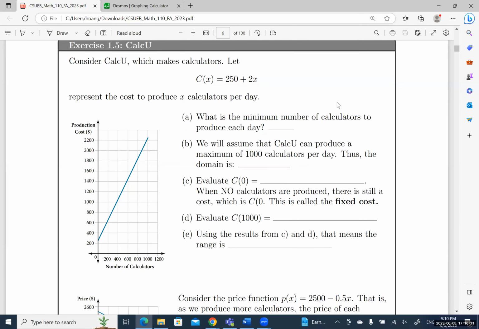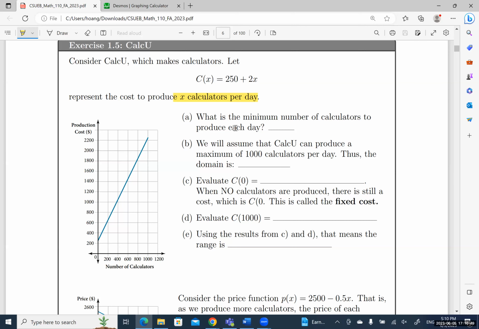All right, so you have to know that it was X calculators per day, and think about what is the minimum number of calculators to produce each day. This is a real life problem, an application. Think about if the company doesn't have one day off, what's the minimum number of calculators it can produce?